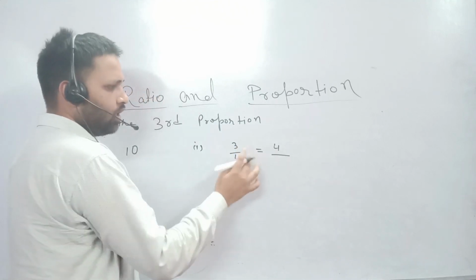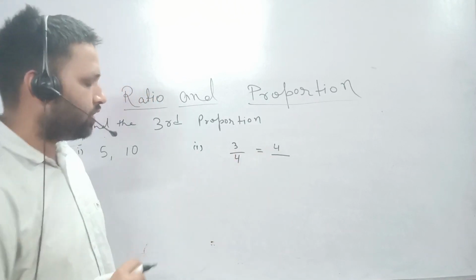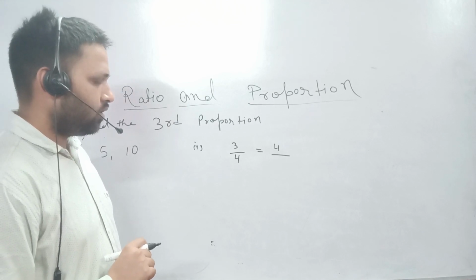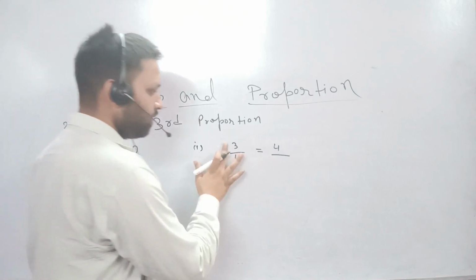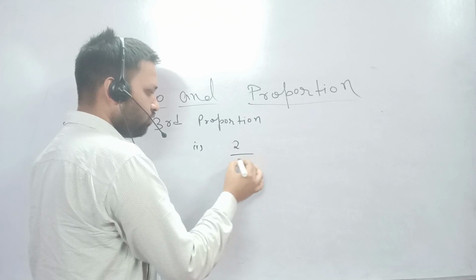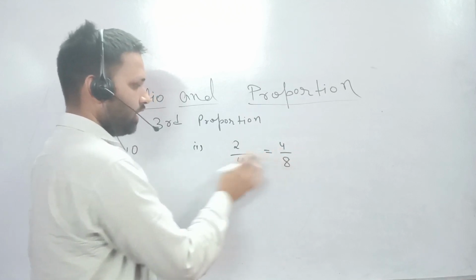We take any number for 4 by, but it must be equivalent. If it is not equivalent, then it will be disturbed. So we take a small number: 2 by 4 is equal to 4 by 8. Okay, it is equivalent.